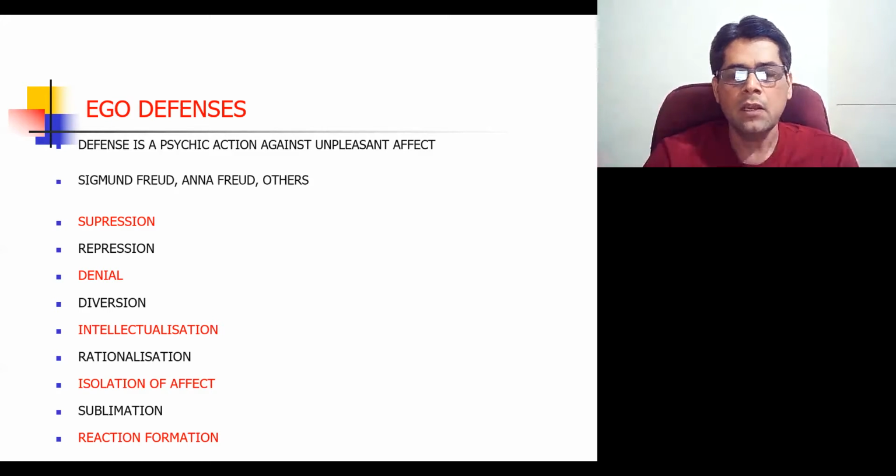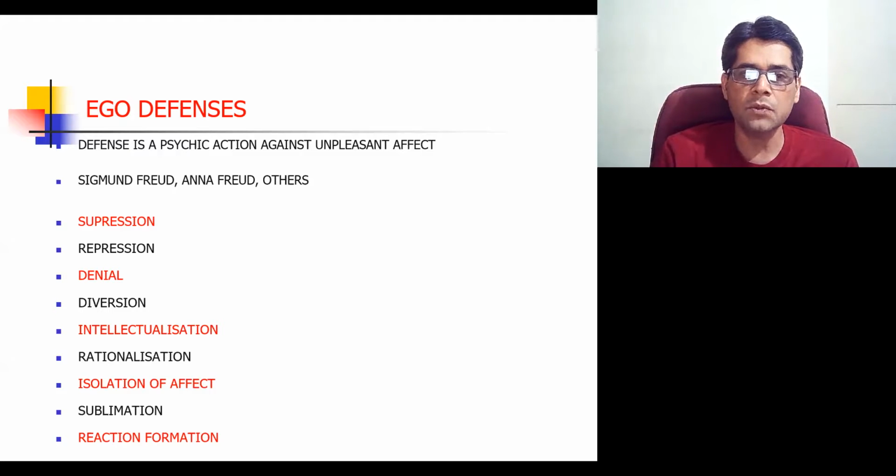So in that case, you don't even know consciously that this has happened. That is called repression. Repression is an unconscious action, happening completely in the unconscious, and we realize something is repressed only when we psychoanalytically explore ourselves by free association, by dream analysis, by work of art, by slips, or by hypnosis.